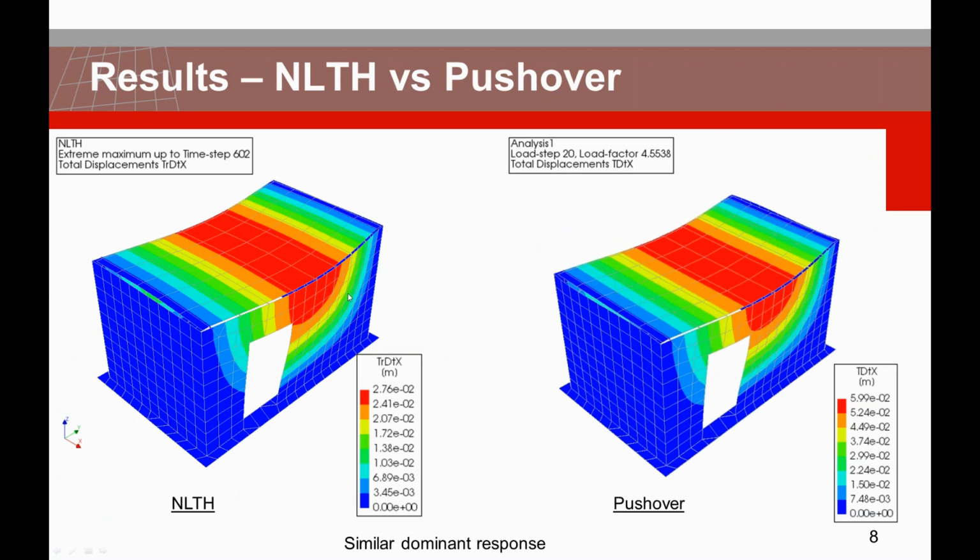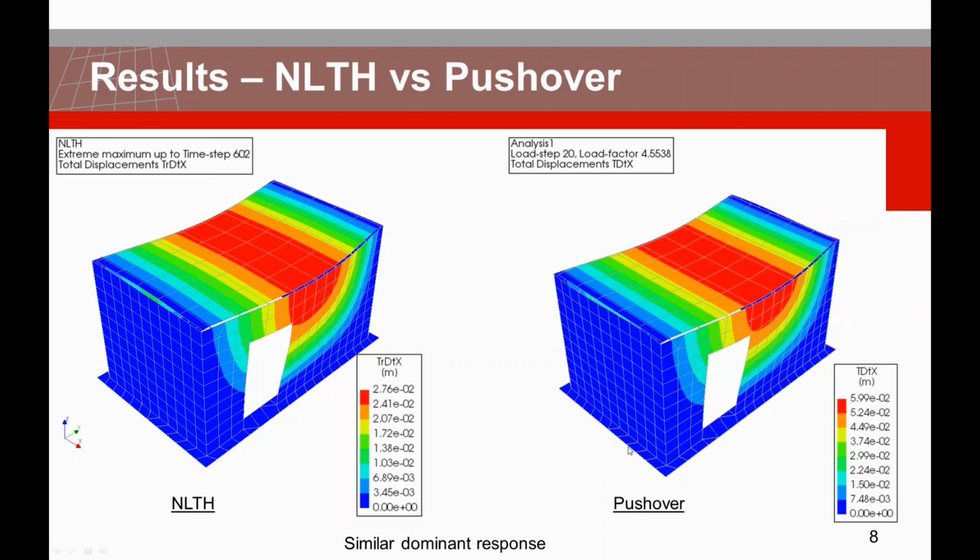Even though we can make a parallel discussion about these results. Here on the left, we have the extreme maximum displacements in the x direction for the full nonlinear time history analysis, and on the right, we have the pushover for the maximum in the collapse. So we see a similar dominant response.